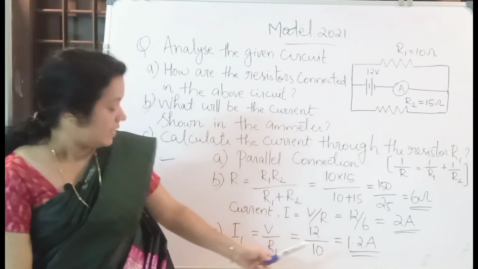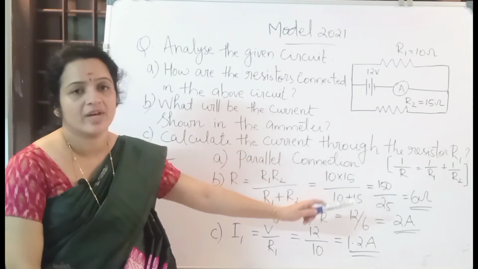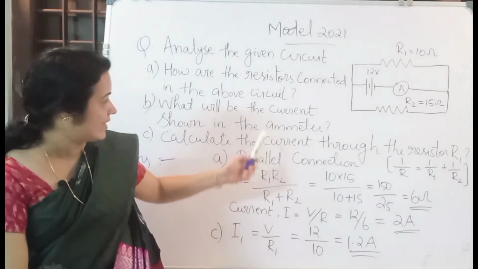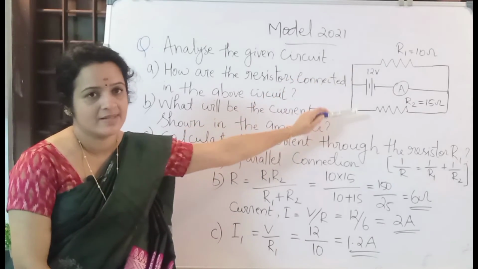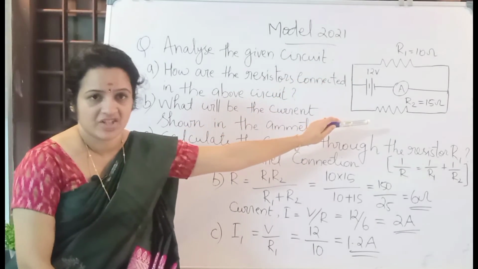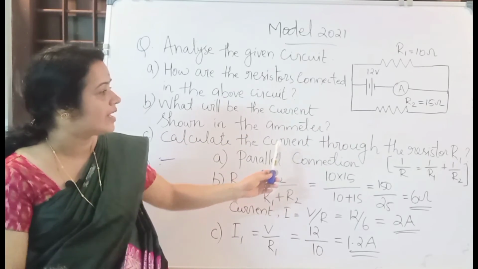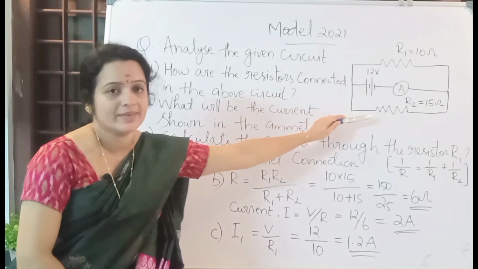So we have finished these 3 questions, and for each question we are getting 1 mark. Okay, clear? So I will repeat. In the first question we have to answer which type of connection this is. So this is a parallel connection. In the second case we have to find the current flowing through the whole circuit.